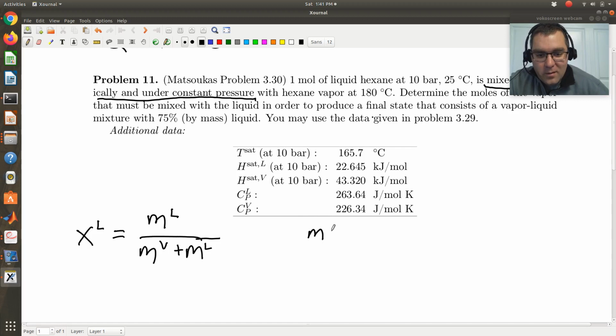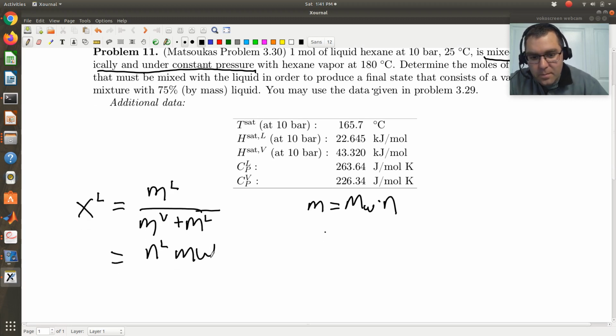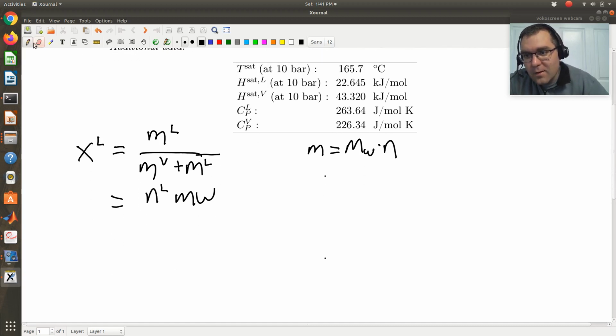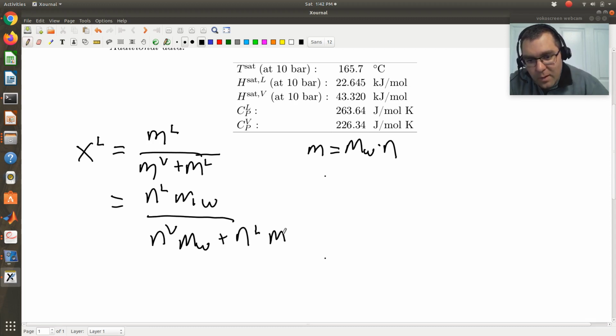So the mass is just the molar mass or molecular weight times N. So this is equivalent to the number of moles of my liquid times my molecular weight, I should write it as a subscript W, divided by NV times my molecular weight plus NL times my molecular weight.